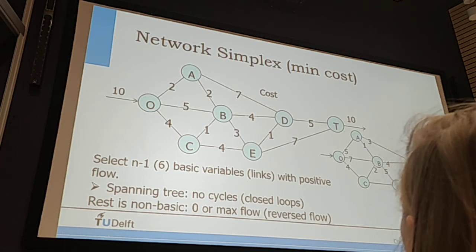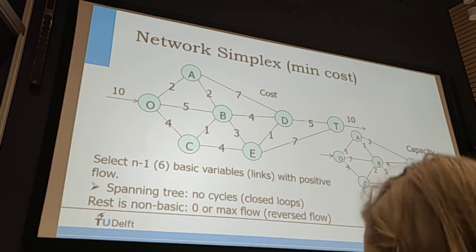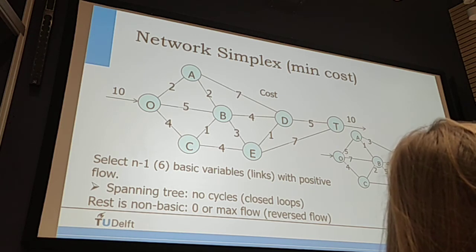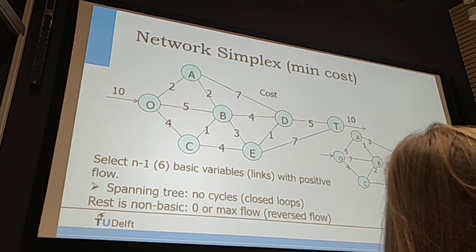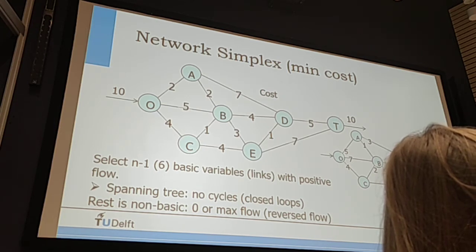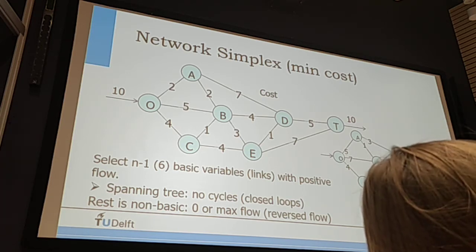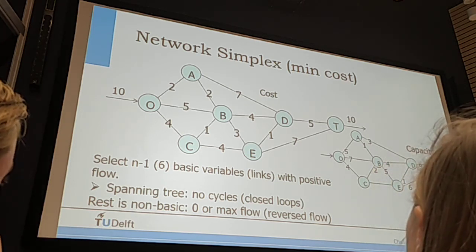If we look at a network, we need to select n minus 1 basic variables linked with a positive flow. Because we have 7 nodes, we have 7 constraints, and we have 12 variables. However, we replace them with upper bounds, so they no longer count as constraints, and we need to select 6 basic variables with a positive flow.